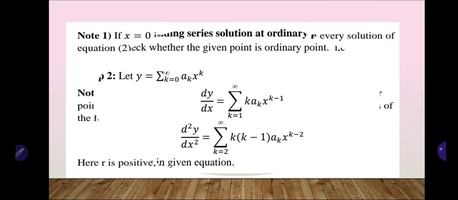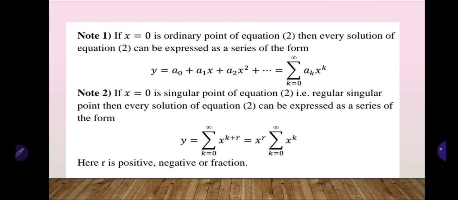And if x equal to 0 is not an ordinary point, it is a singular point, or you can say a regular singular point, then our series solution can be written as y equals summation x raised to k plus r.